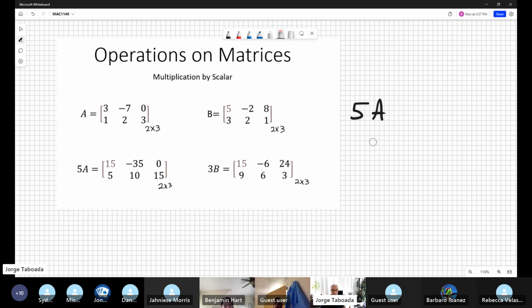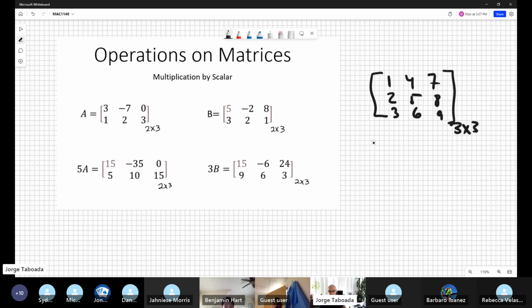It's completely different to the determinant. Determinant, I suppose you remember, is only valid when it's a square. Suppose you have 1, 2, 3, 4, 5, 6, 7, 8, 9. This is a square matrix, 3 by 3. We can associate with it a determinant.